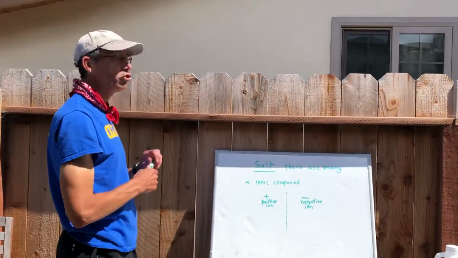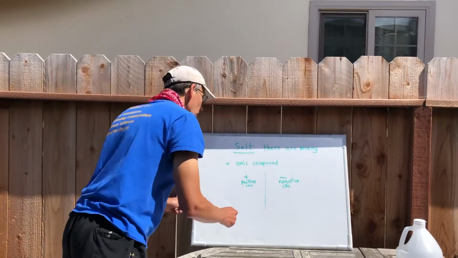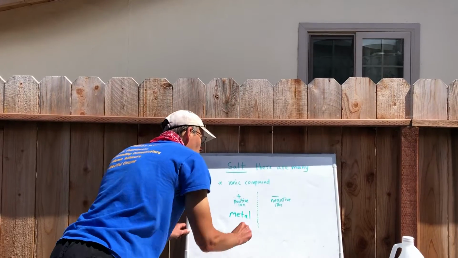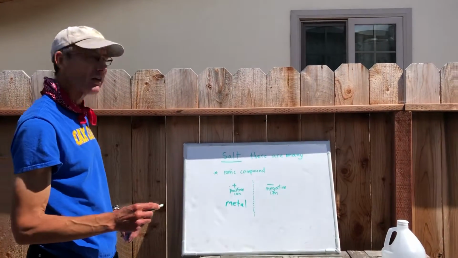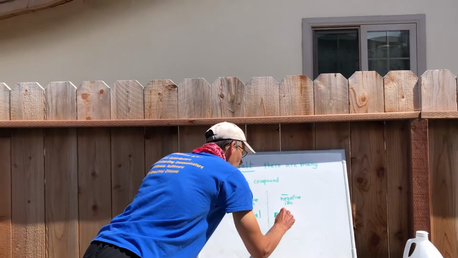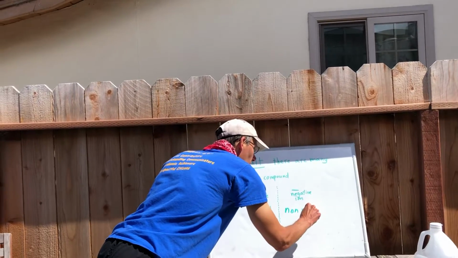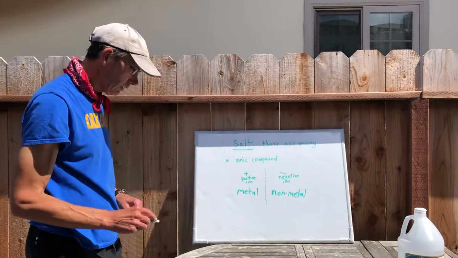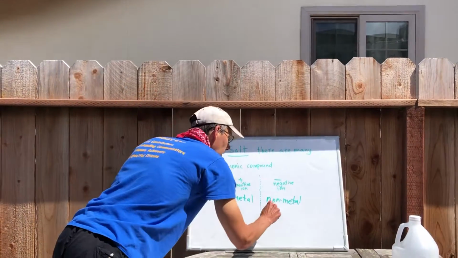Usually the positive ion is a metal, and the negative ion is a non-metal. And it could easily be a polyatomic ion.